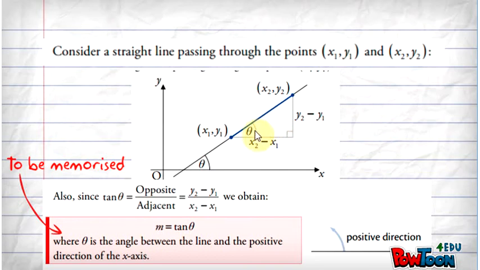So another way of expressing the gradient of this line is to say that the gradient m equals the tan of the angle the line makes with the positive x direction. So it's from here round to the angle is theta. And again, that's another formula to memorise and use in the higher maths course.